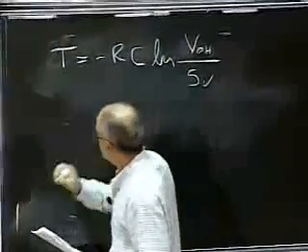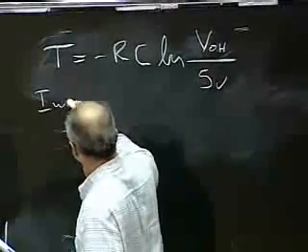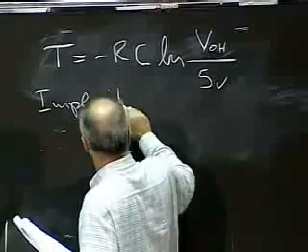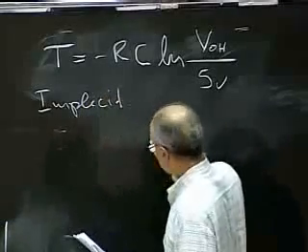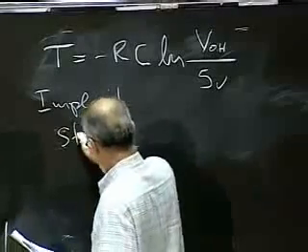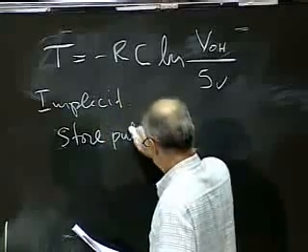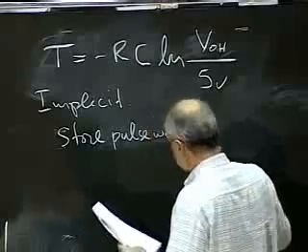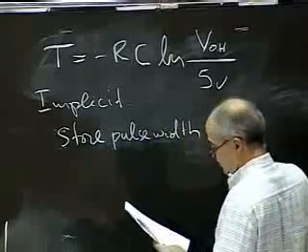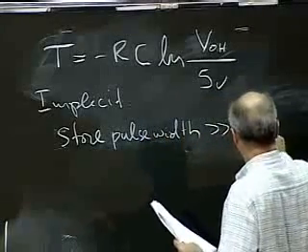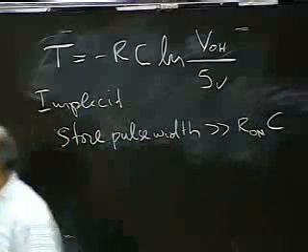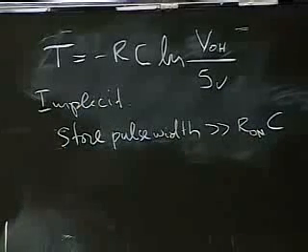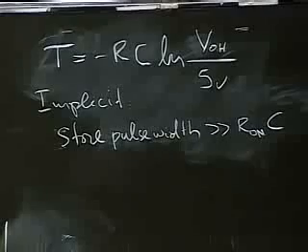Now, there is an implicit assumption here, which is that the store pulse width is much, much larger than R on C. In other words, when we want to store a 1 here, starting from 0, we better charge it all the way up to 5 volts in the time that our switch is connected here.